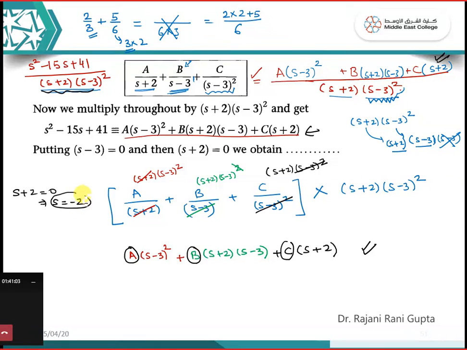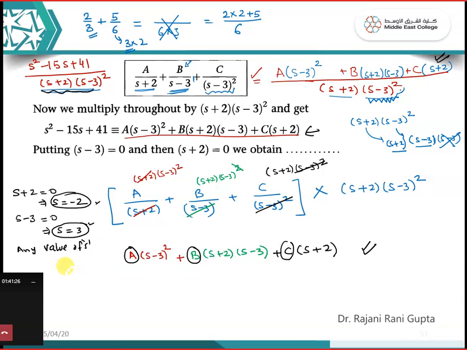Second, s minus 3 equal to 0 gives you s equal to 3. Now here you don't have the third value. You need the third value of s to be different, so in this case you can use any value of s other than minus 2 and 3.